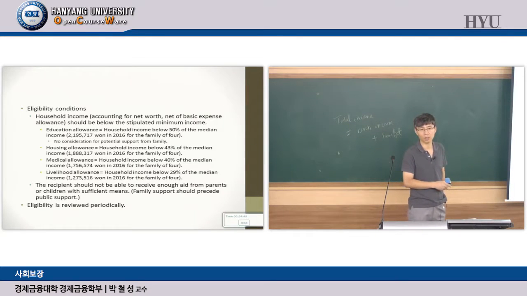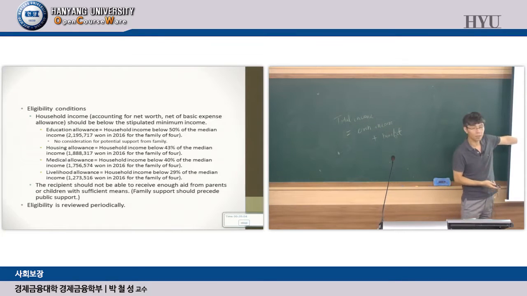If the household earns, let's say, 500,000 on their own, they get only 0.8 million. Okay. So that's the rule. You have a set income of 1.3, and depending on your household income, your benefit will be adjusted automatically.